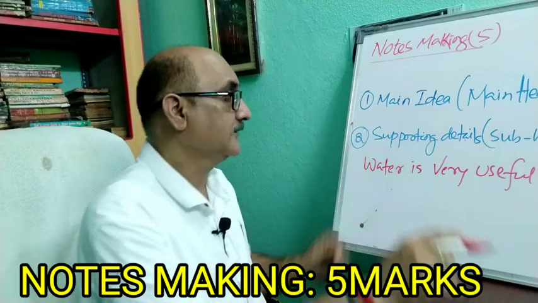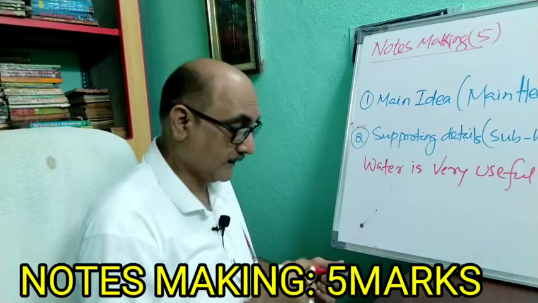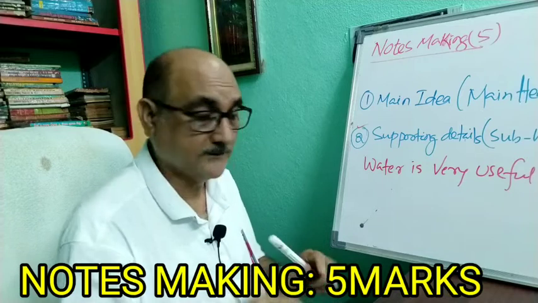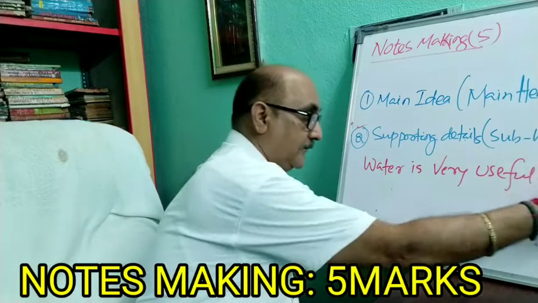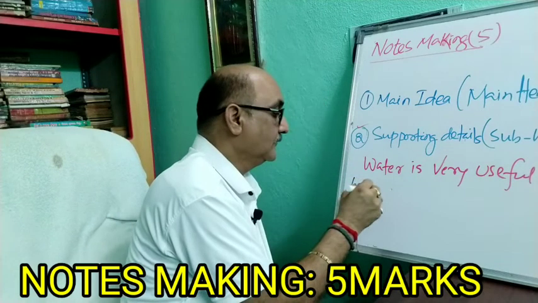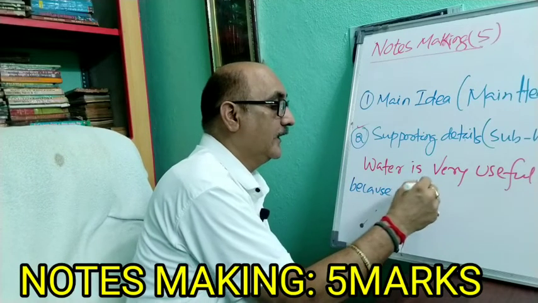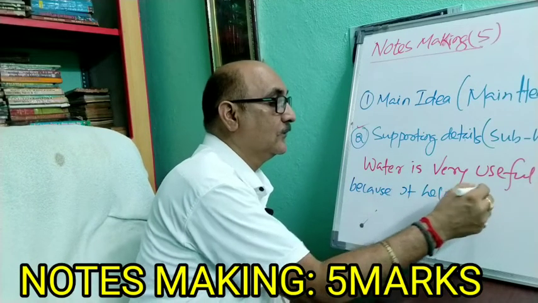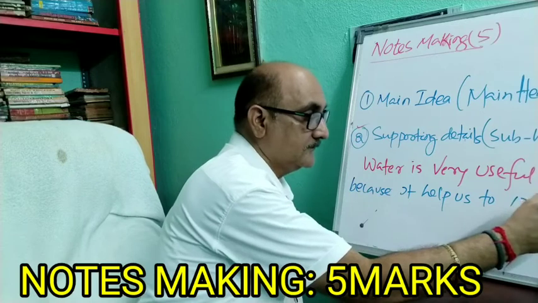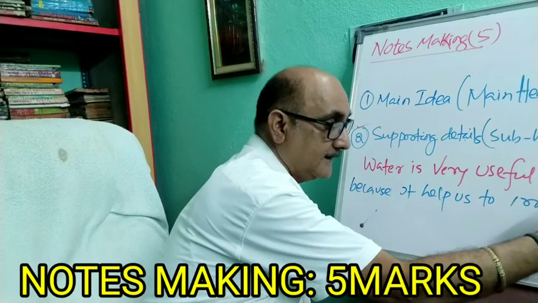That is called supporting detail. Suppose then that boy will go and he will write like this, because he will add: because it helps us to irrigate land. Okay, irrigate land.